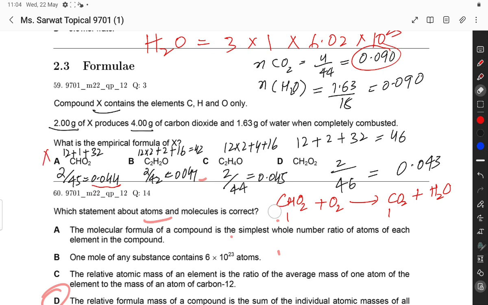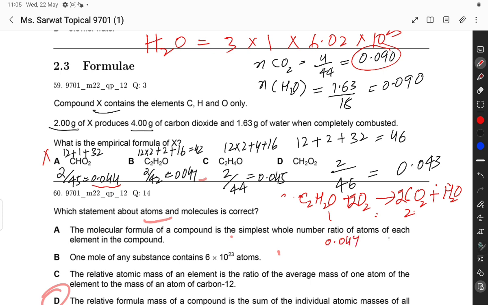Now next is C2H2O plus O2 to form carbon dioxide and water. By balancing this reaction, 2 over here, so carbon dioxide is 1:2 and 0.047 ratio X. The mole would be equal to 0.094, which is not the correct option, so that's why it is incorrect.